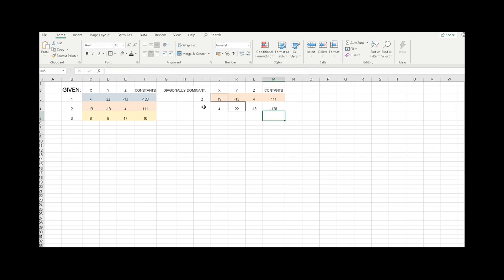Okay, so now we got the x dominant equation at the top, the y dominant equation at the bottom, and now for the z dominant equation for the last one. So this is equation 1, 2, 1.